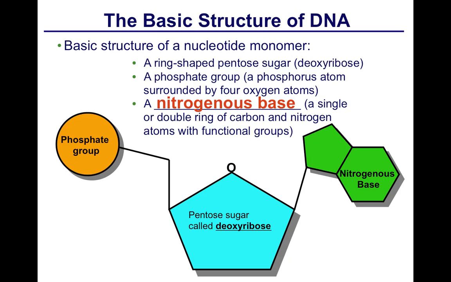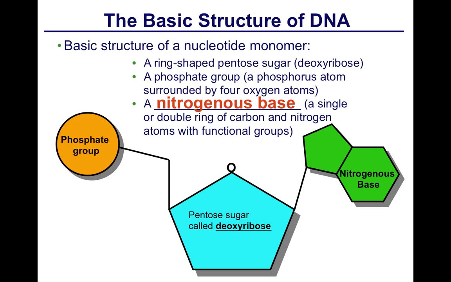And remember the phosphate and the sugar make up the backbone. And then the base over here, the nitrogenous base, is your ACTG. That's what the green is. Okay, so go ahead and draw that for yourself because you will need to know this basic structure. If I asked you to draw a nucleotide, I would expect you to draw this. Okay?